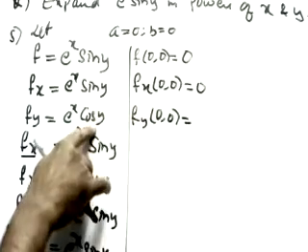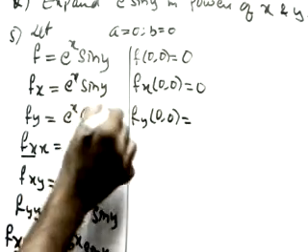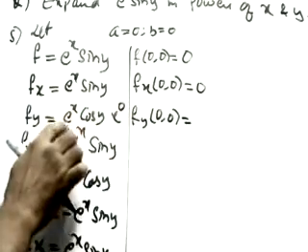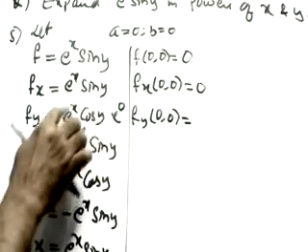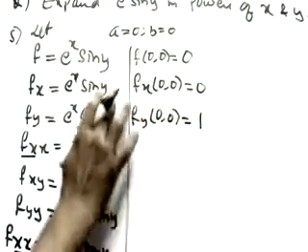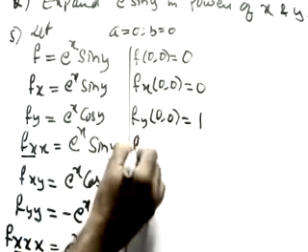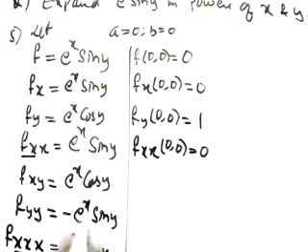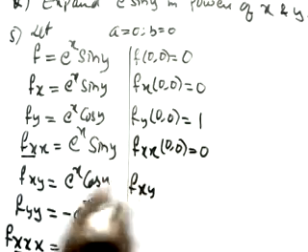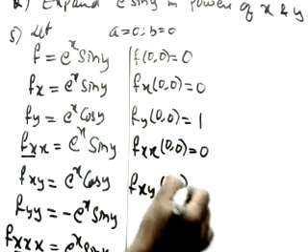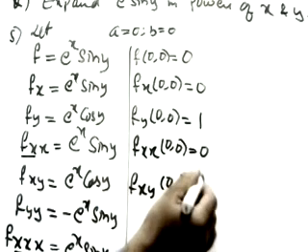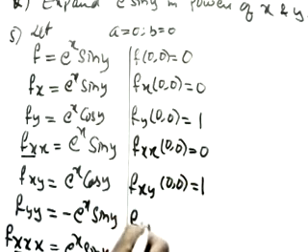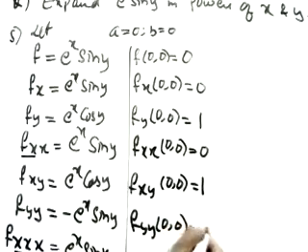Now fy(0,0), watch carefully: e power 0 is 1, cos 0 is 1, so 1 into 1 is 1. Because sine 0 is 0, fxx(0,0) equals 0. Now fxy(0,0): cos 0 is 1, e power 0 is 1, so 1. fyy(0,0): sine 0 is 0, therefore 0.